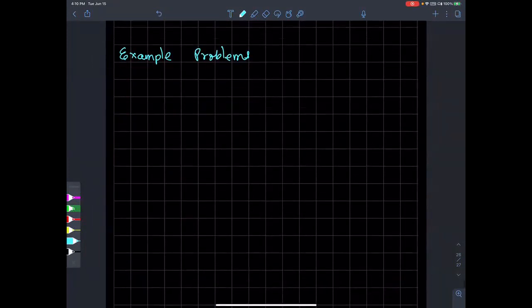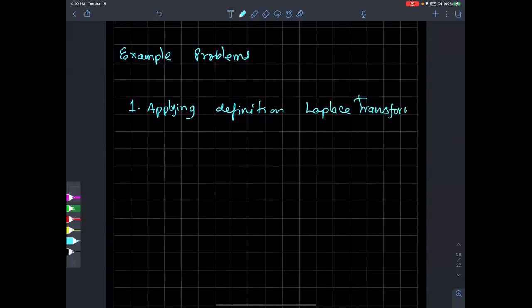One of the problems that you'll see on your homework is of this type, applying the definition of Laplace transform. Not just the definition, but the tables 12.2 and 12.1. Okay, here is an example.